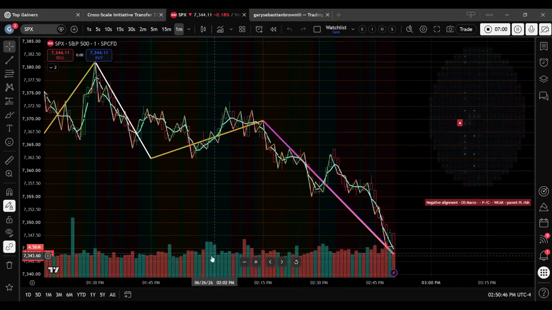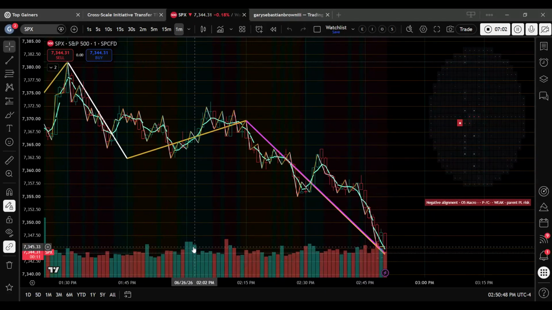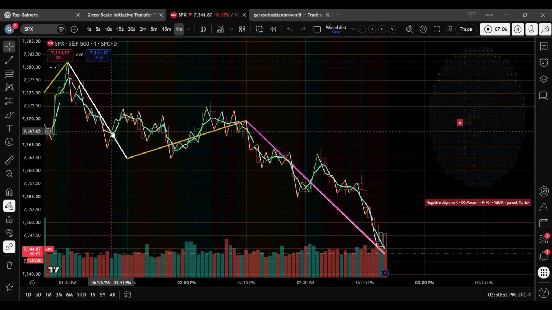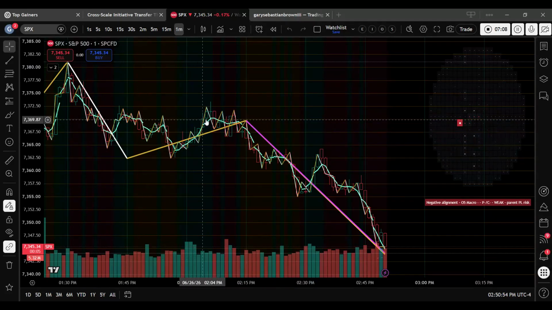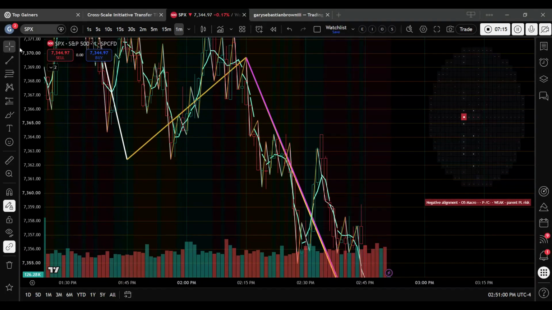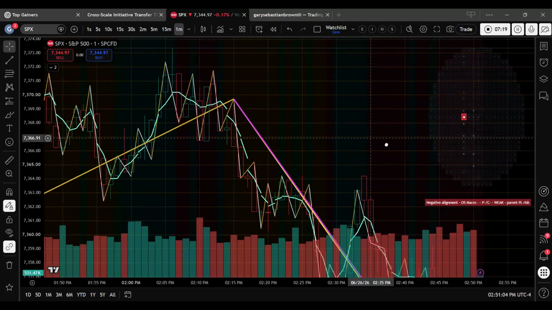While we're waiting to see if this is calling the turn correctly, I want to explain some of the visuals here. So I have a median line that is centered between the top and the bottom of these child pivot points, and that's designed to be a visual aid to let you see the flow of the price action.